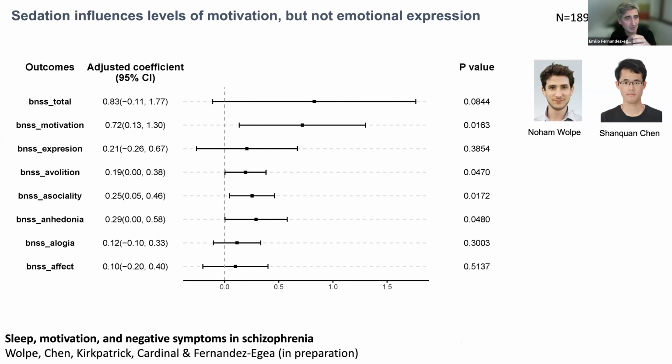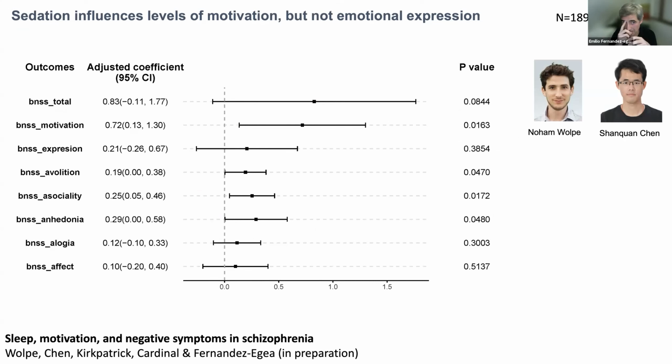What we have found is that the level of sedation, measured as the number of hours that people are sleeping per day, actually has a deleterious impact on the level of motivation. Not that much on the emotional expression, but on the level of motivation, the level of apathy, and that impacts the abolition, the asociality, and anhedonia significantly.